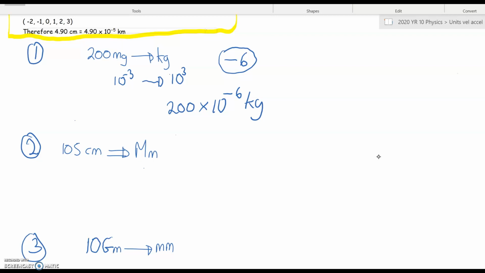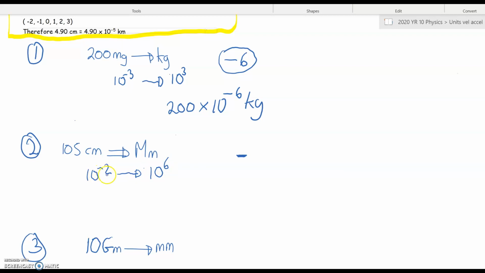First rule, are we going from a small unit to a large or a large unit to a small? Well, you can see centi is a lot smaller than mega, so we're going to end up with some negative value again. Next part, I've got to express the centi in its power, so that'll be 10 to the minus 2, and going to mega, we know mega is 10 to the 6.